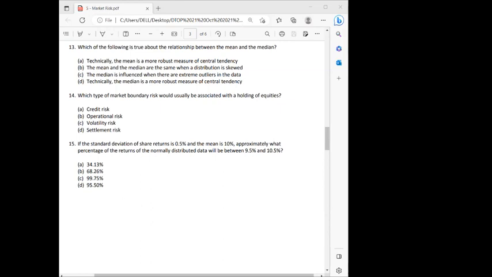Correct answer is C. Let's go to question number 15.